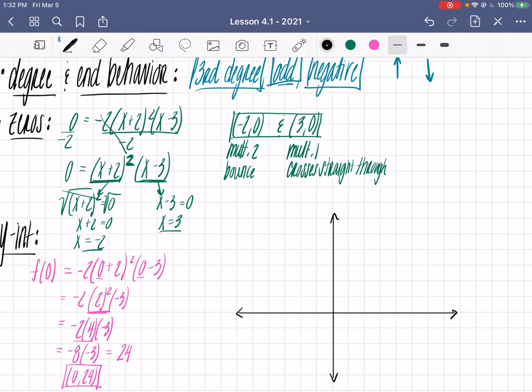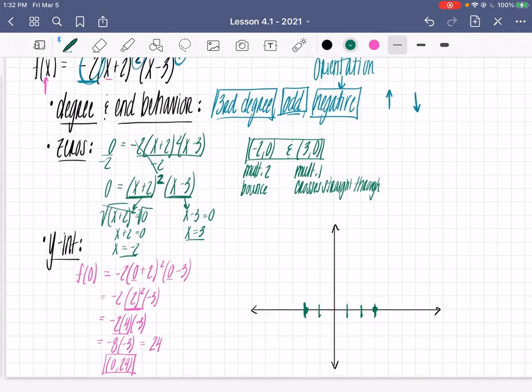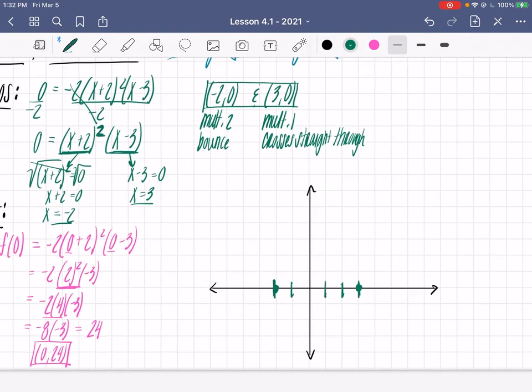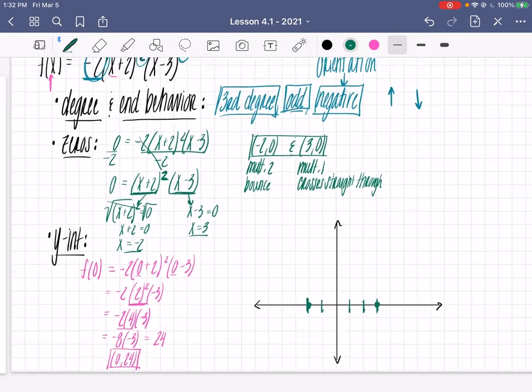Okay, so first thing I do is I graph the zeros. So negative 2, 0 and 3, 0. And please make sure when you're graphing this, if you don't have graphing paper at home, that you are making these tally marks or tick marks just to show me your scale on your x or y axis, okay? So those are there.